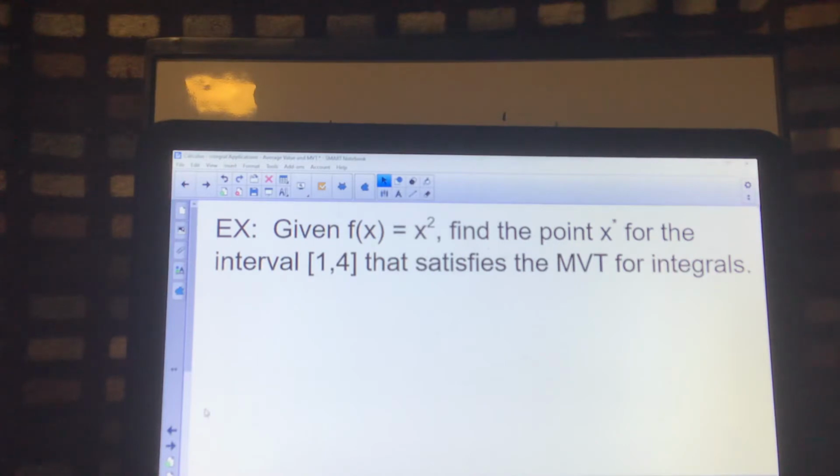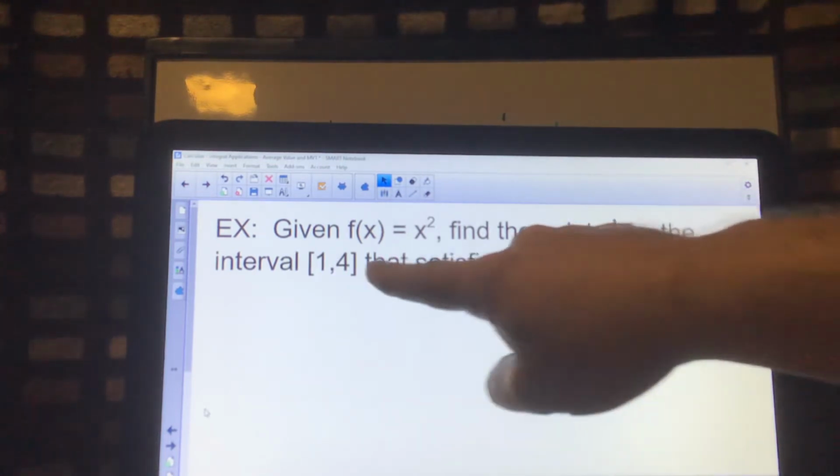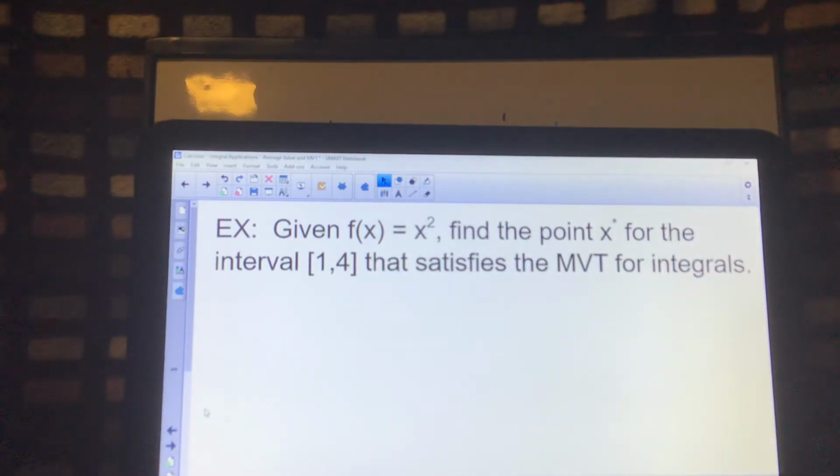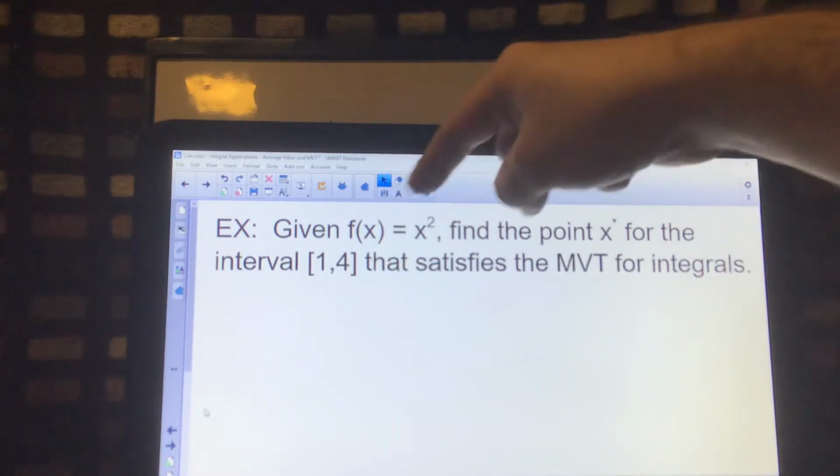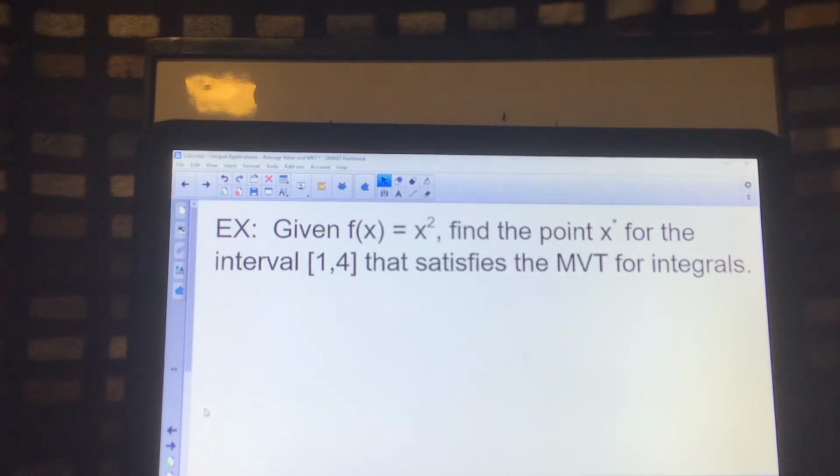So I'm looking for that x star. It's got to be between 1 and 4. The property that x star needs to have is that if I do the height at this spot times the width of that interval, it should equal the integral of this on that same interval. So the area of the rectangle formed will be the area under that curve.